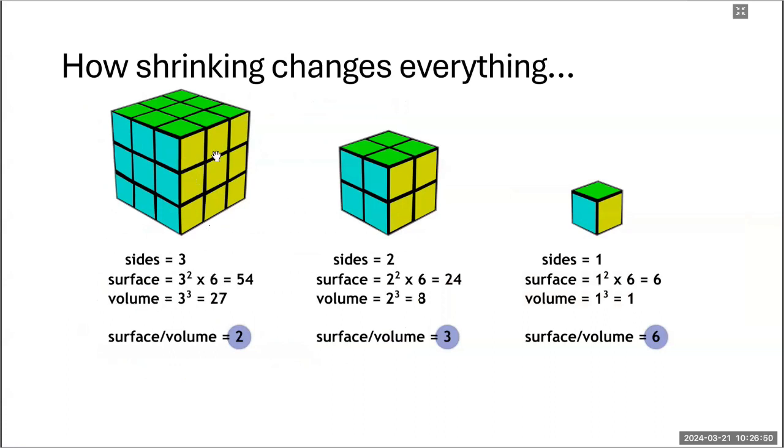If you cut one line off from every side, you have just 2 blocks per side, which is a surface area of just 24. Volume is just 8. When you have just one unit, you have one block and 6 surfaces, and the volume is just 1 meter cubed. Then you can see this is like a Rubik's cube, which has a total volume of 27.